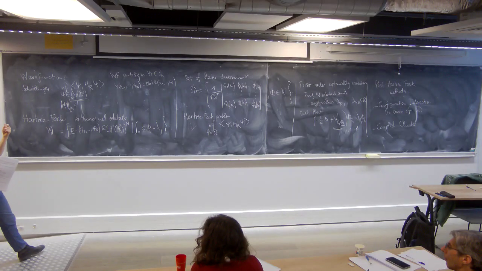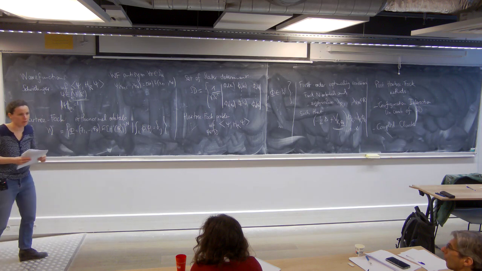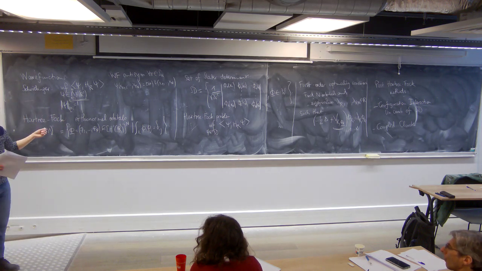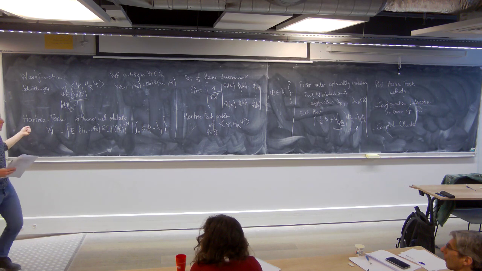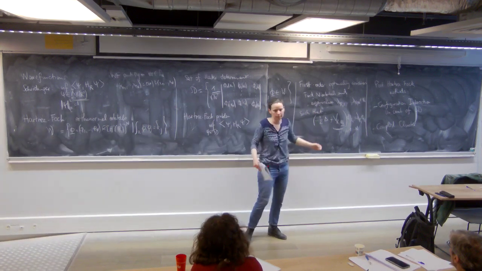The main difference between the methods that I've put here and the machine learned wave functions is that you cannot write explicitly the first order optimality conditions, and so you don't have a simple equation that you need to solve.